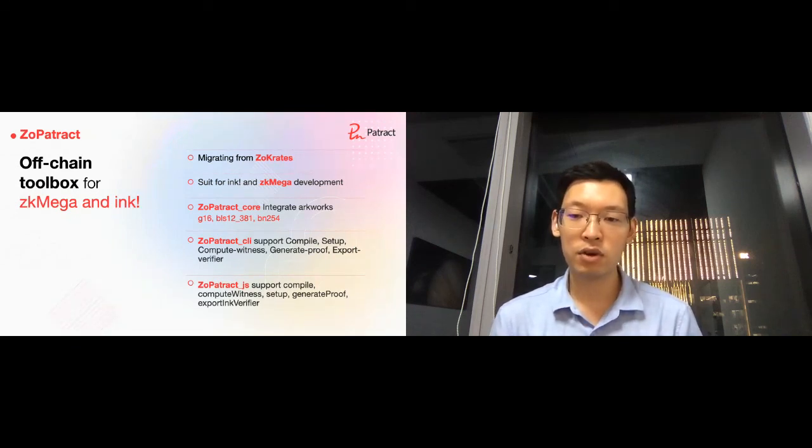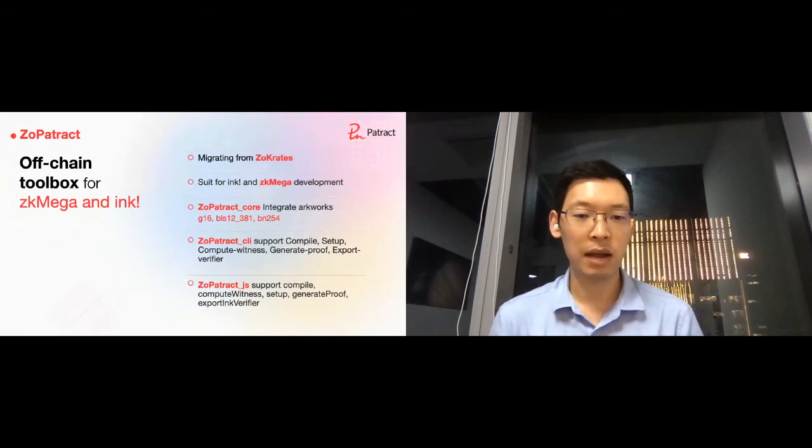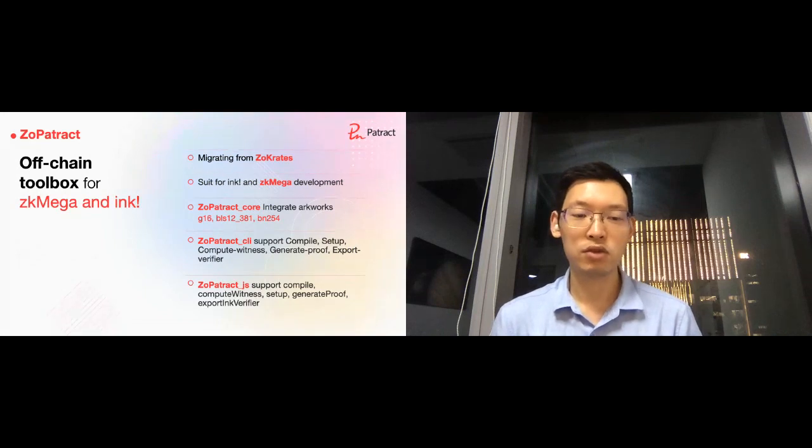Our plan for 0.3 was to develop a sample ZK rollup transfer application based on ZK Mega and Patract, but we don't have time yet. So for anything else helpful for ZK WASM contracts, we are happy to embrace it.